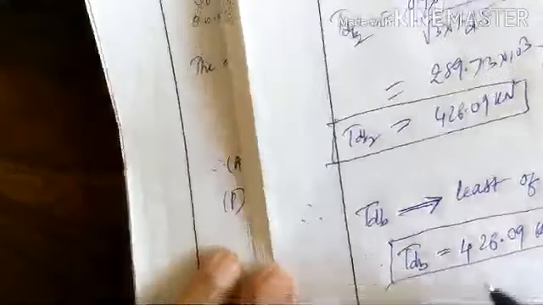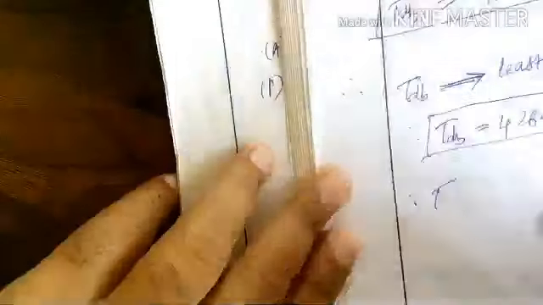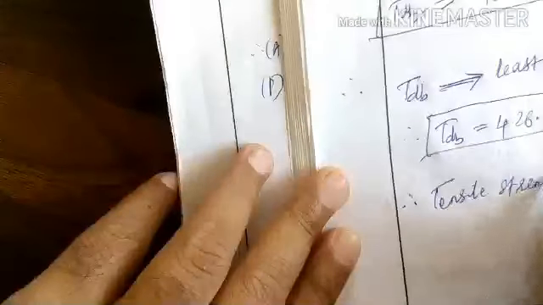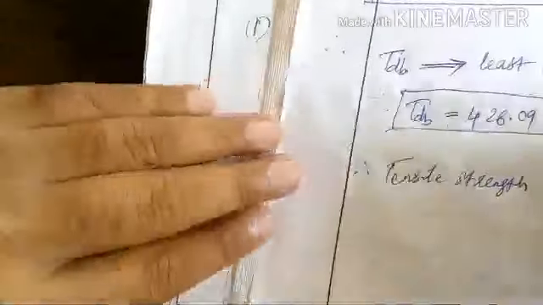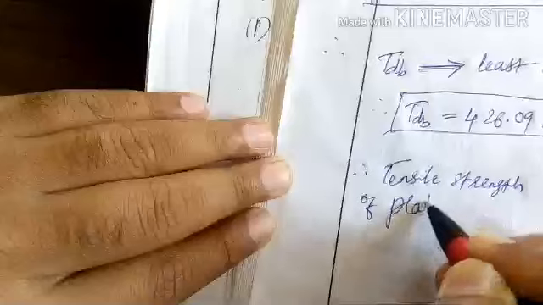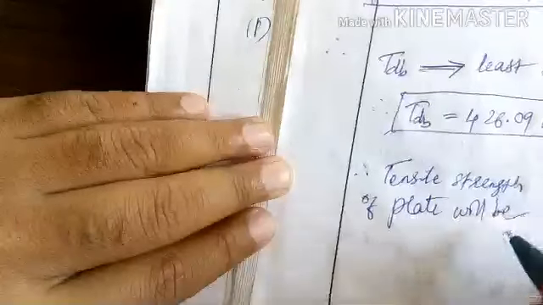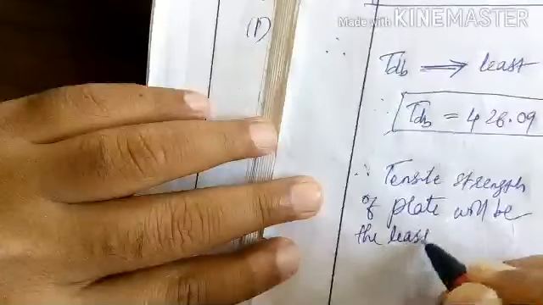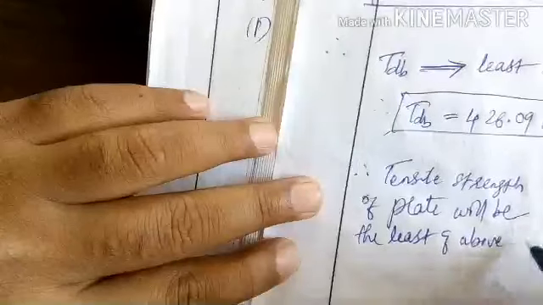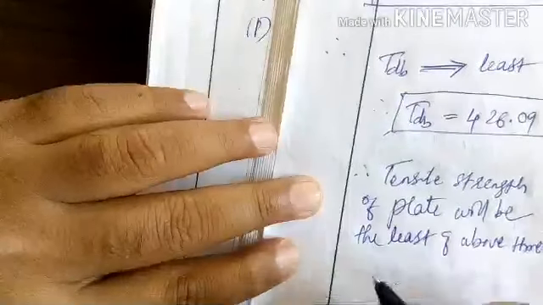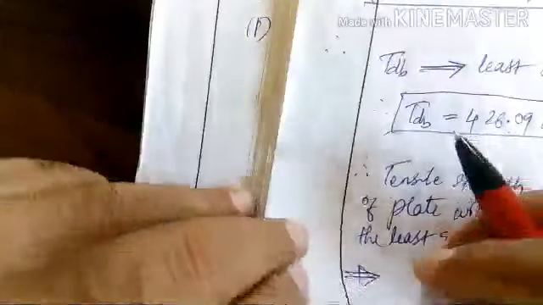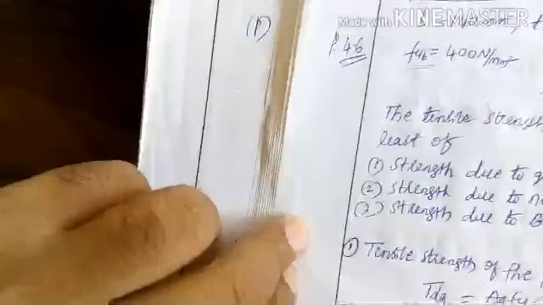Therefore, the tensile strength of the plate will be the least of the above three values, that is TDZ, TDB and TDN.